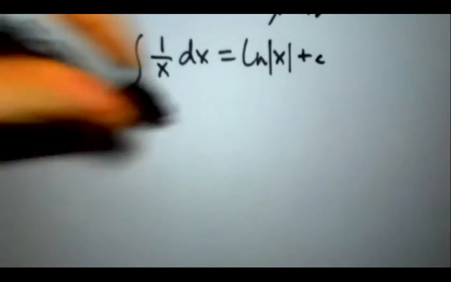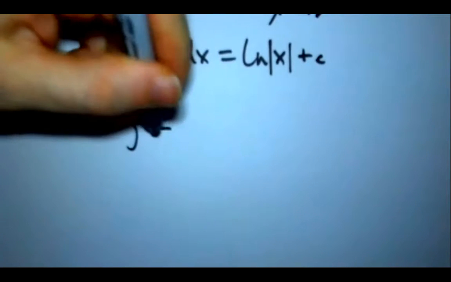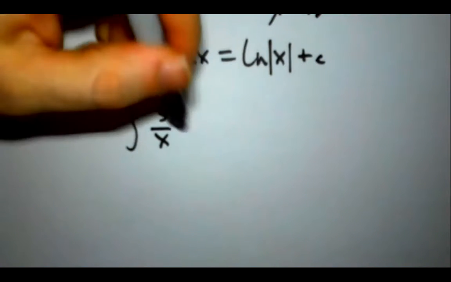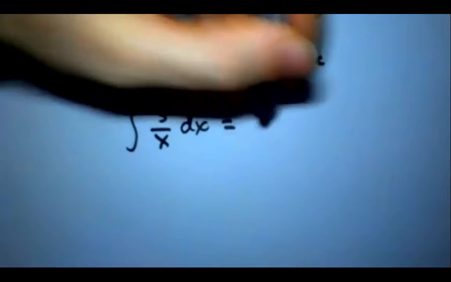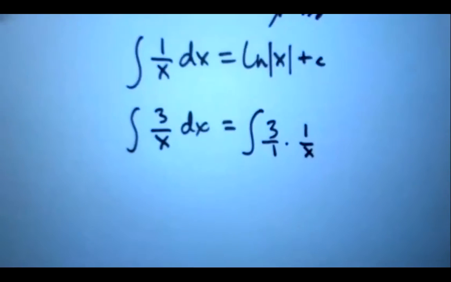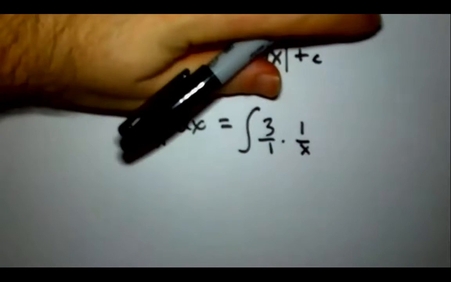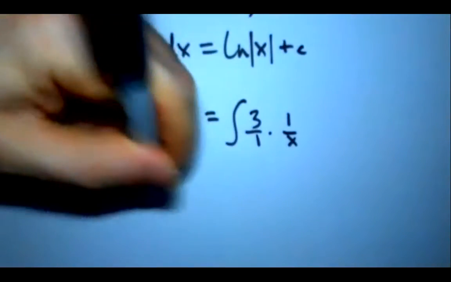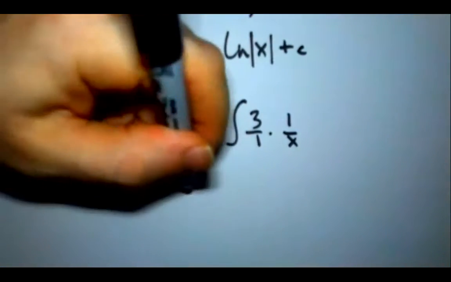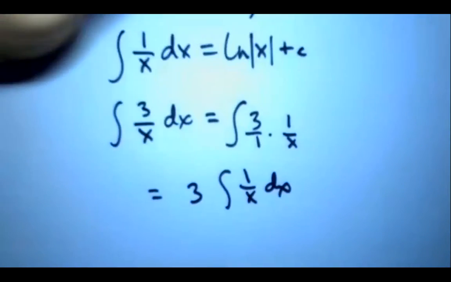All right, anyways, let's see what would happen if I did this. If I tell you to integrate that, that's the same thing as this. How can we make it better though? 3 times 1 over x. Yeah, couldn't I rewrite it like that? Then it's the same train of thought. When you integrate that, just think of it as 3 times 1 over x dx.